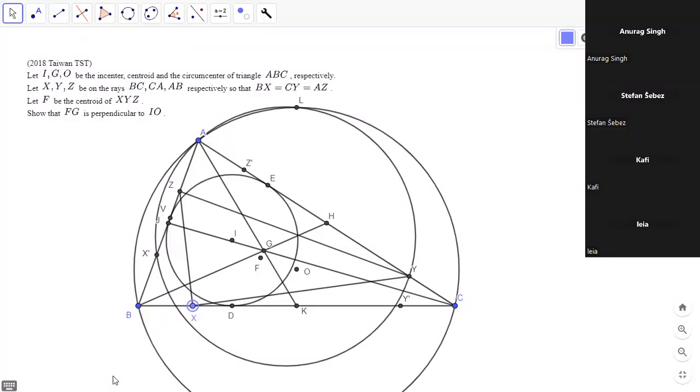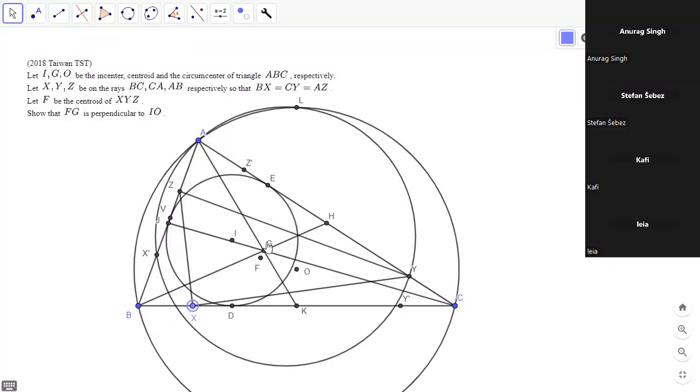Yeah, I think vectors can easily prove that FG is always in the same direction, because the vector BX is like the vector X minus the vector B. I think it's just a calculation.